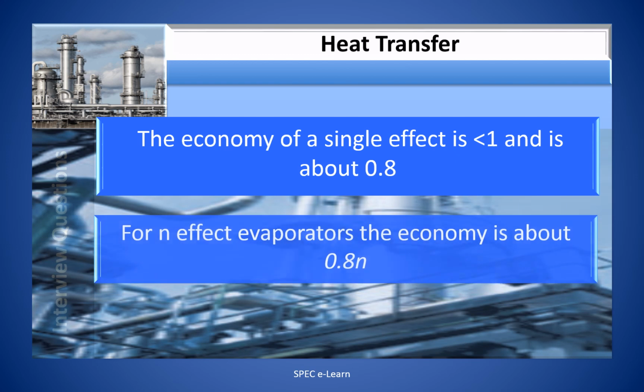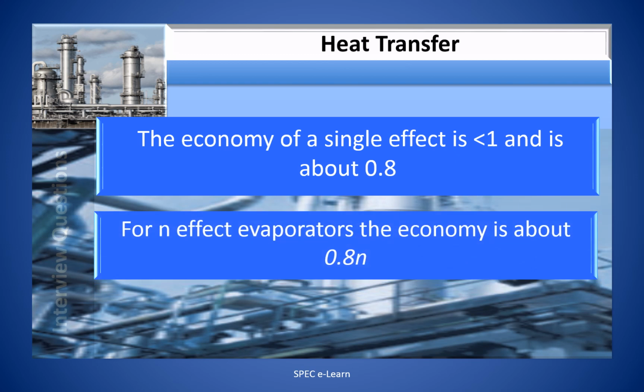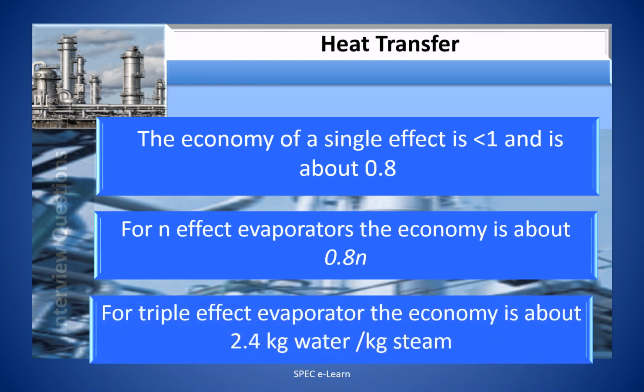For n effect evaporators, the economy is about 0.8 times n. So for a triple effect evaporator, the economy is about 2.4 kg of water evaporated per kg of steam fed to the first effect.